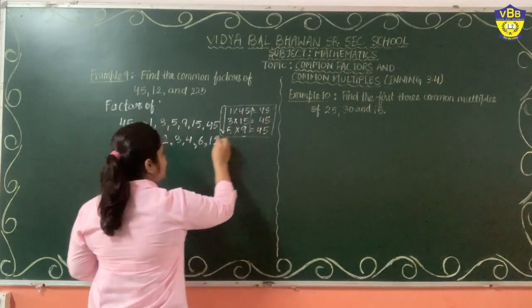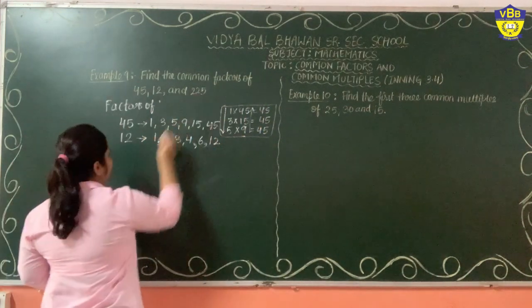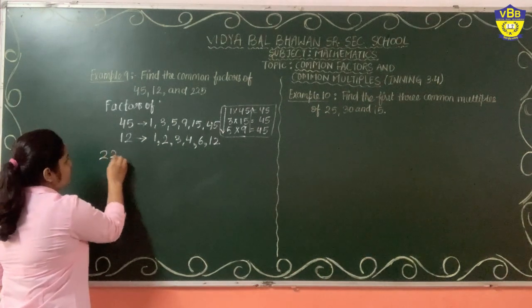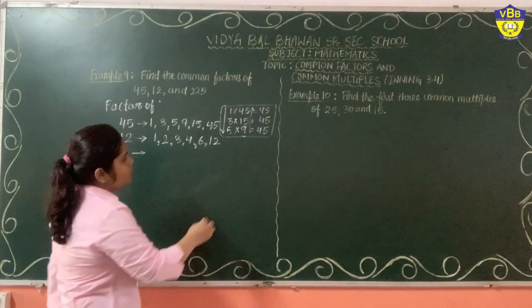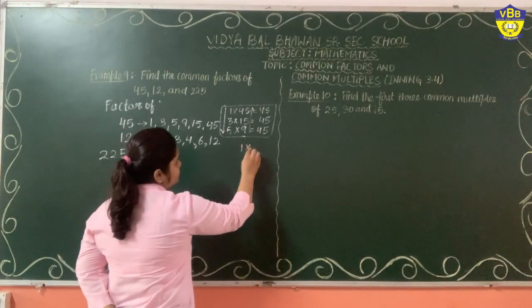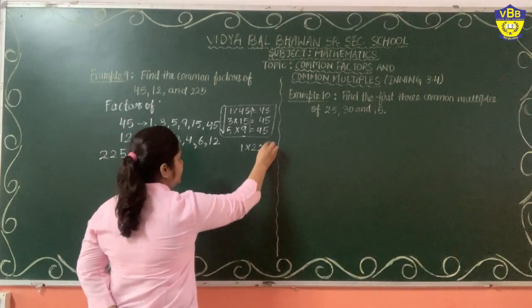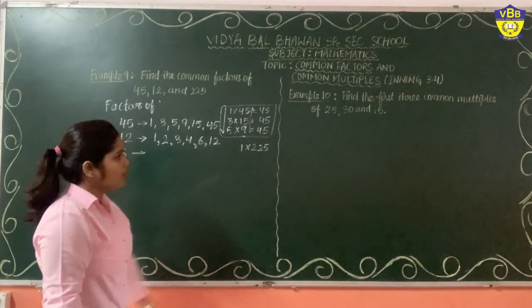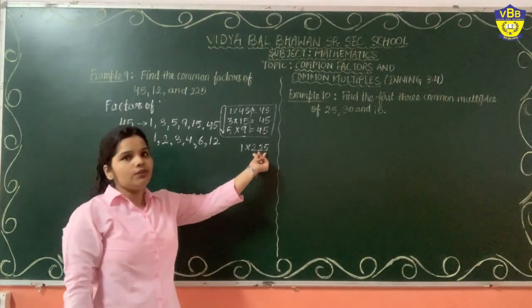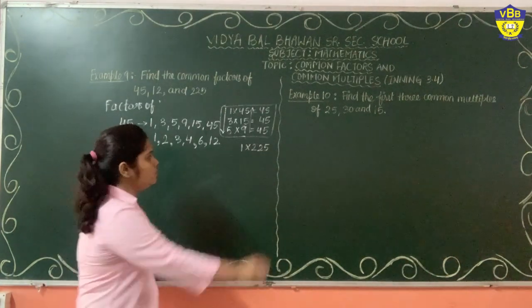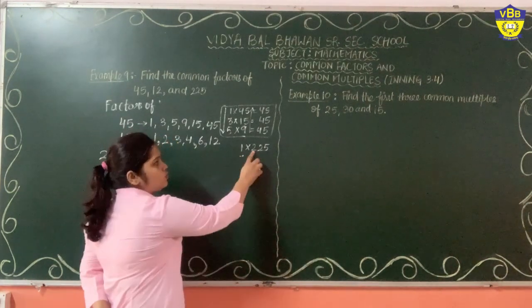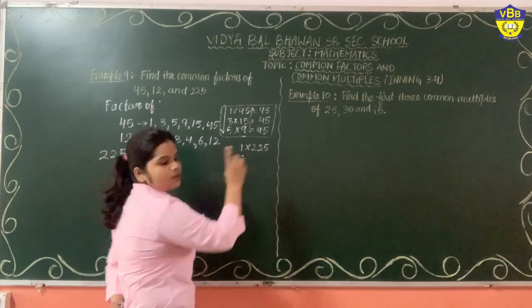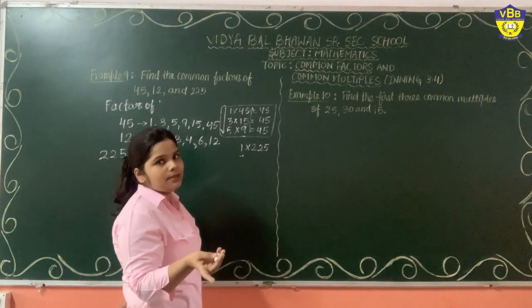After that, we need to write the factors of 225. It comes in the table of 1, 225 times only. It is an odd number, so it will not come in the table of 2. After that, it will come in the table of 3. You can check: 2 plus 2 is 4, 4 plus 5 is 9, and 9 is divisible by 3.